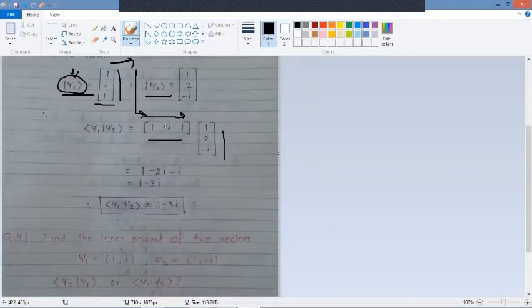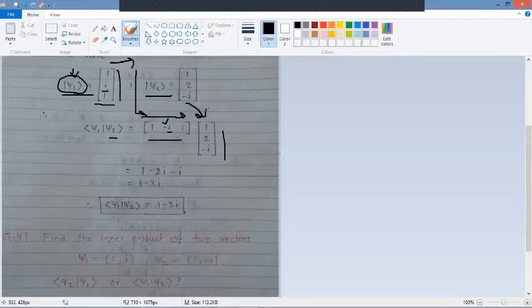Dual conjugation also means we have to apply the complex conjugate. So here there is I. If I take the dual conjugation of this matrix, we have a negative sign in front of the I. And psi2 is as it is here.